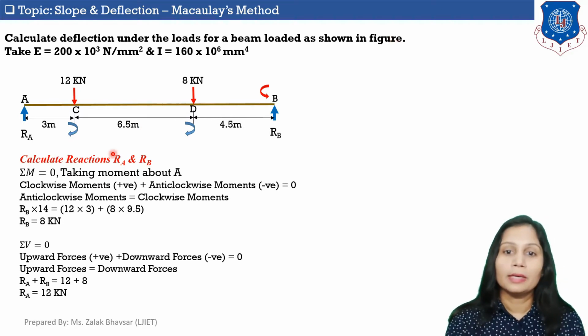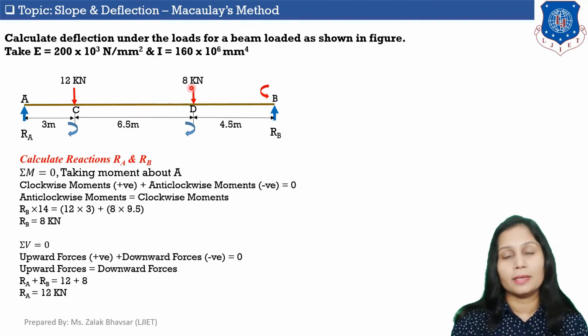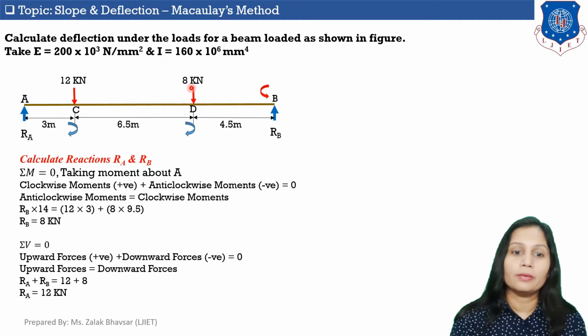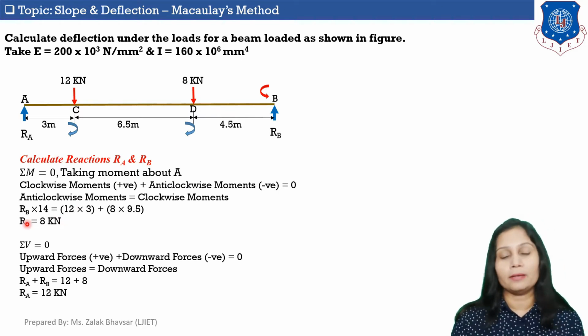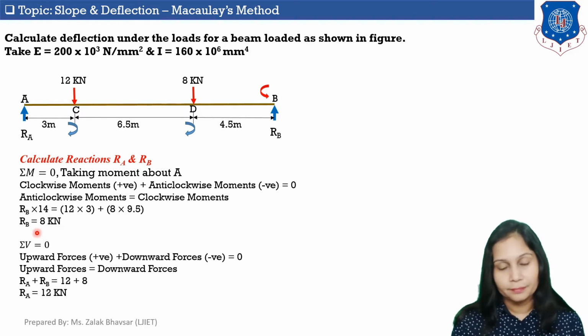So it is written as Rb into 14, which is anti-clockwise moment, is equal to 12 into 3, moment of this 12 kilonewton load, plus 8 into 9.5, which is moment of this 8 kilonewton load. So if we solve this, then we get answer of Rb is equal to 8 kilonewton.